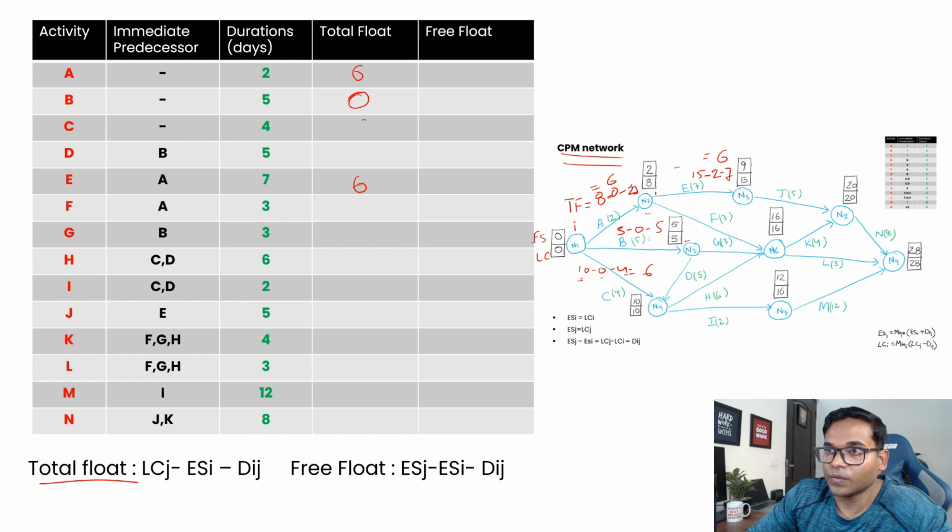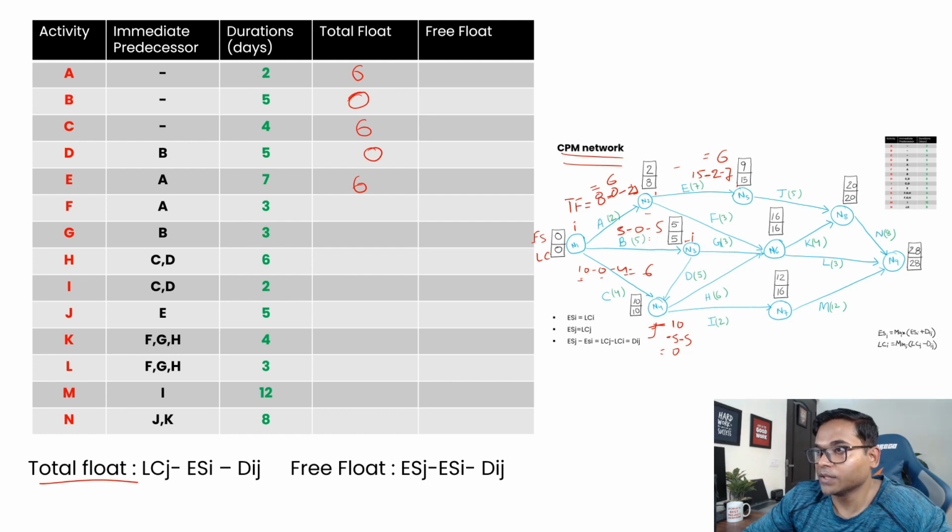So the total float for C is 6. Now for D, this is your I and this is your J. So 10 minus 5 minus duration 5 is equal to 0. So D is 0.